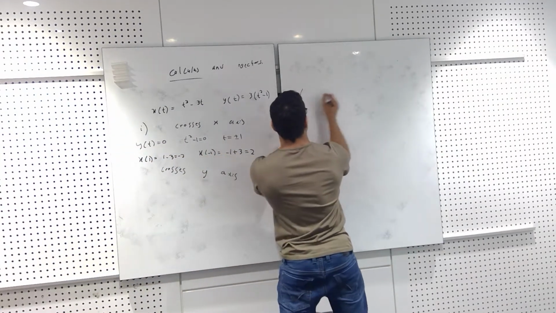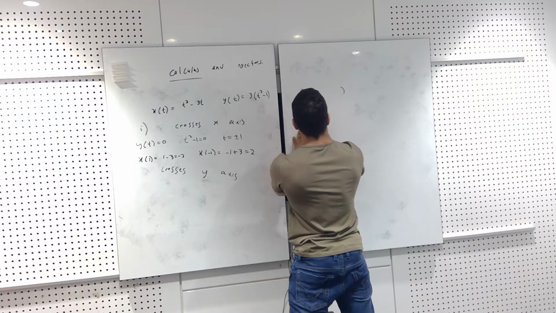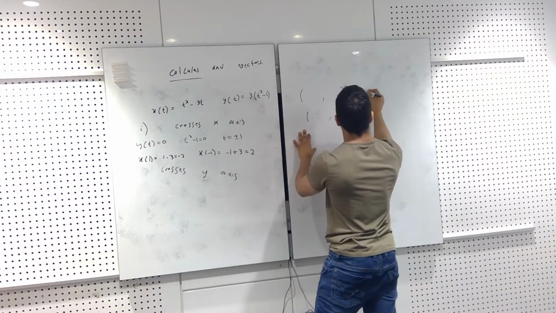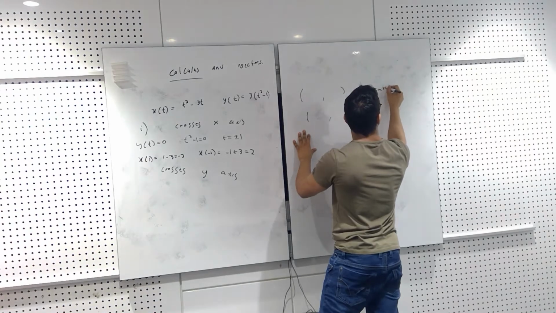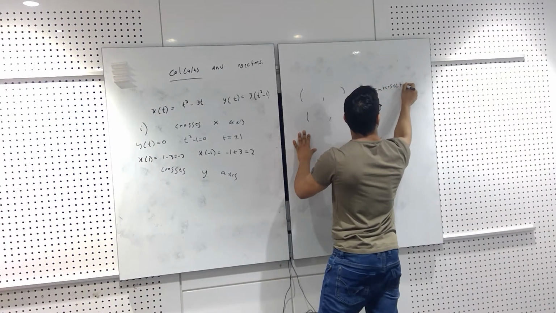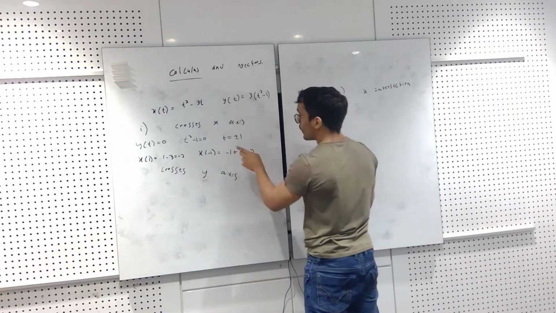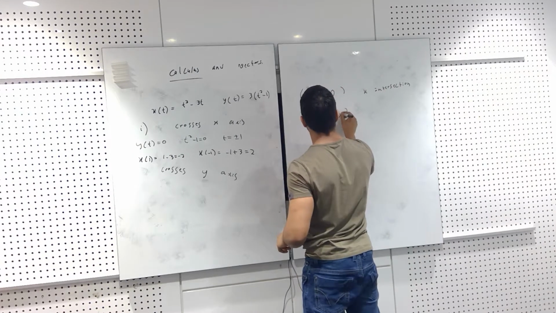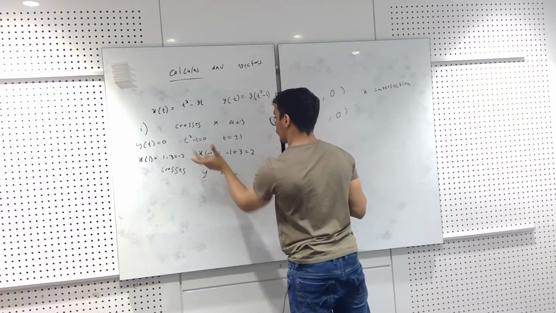So you have the x intersection, with y equal to 0, and you have 2 points.